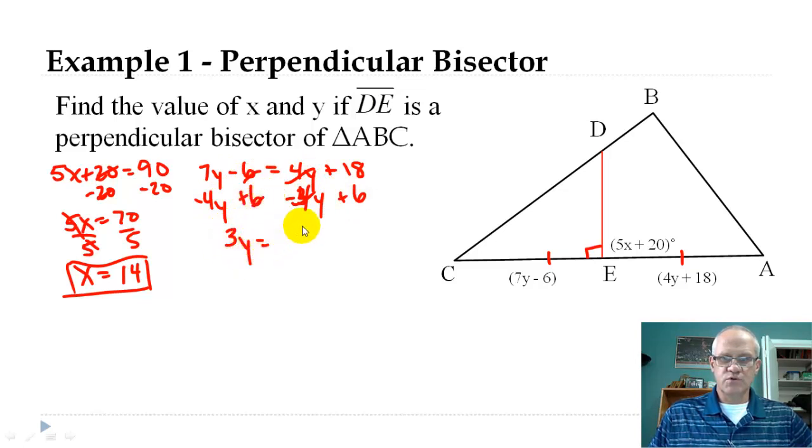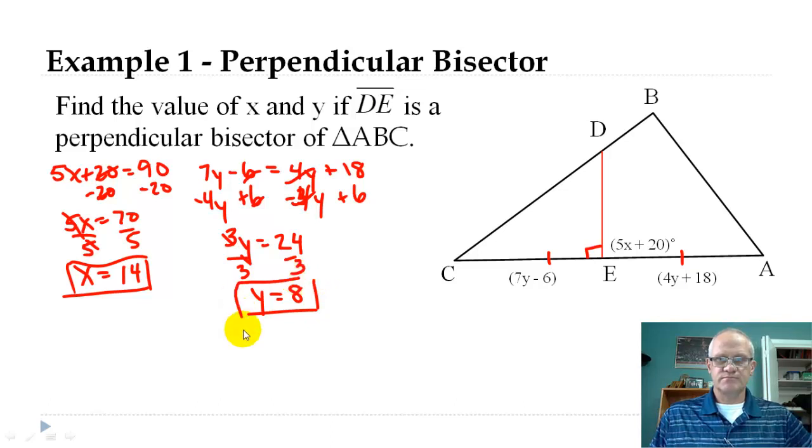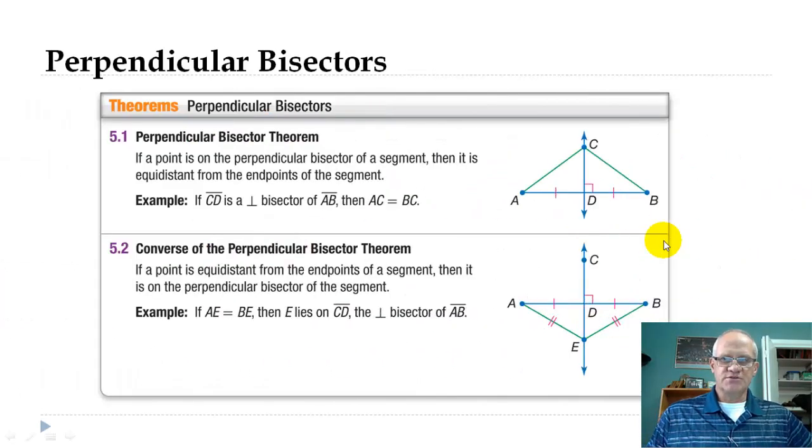So 3y equals 24, and divide by 3. And so y equals 8. So if you have a perpendicular bisector, you know it makes 90 degrees and two equal parts, and you can use that to help solve.